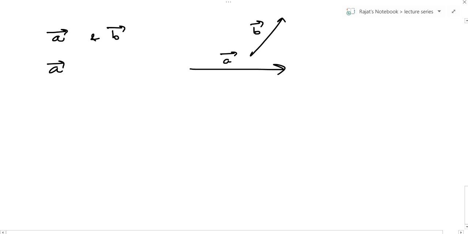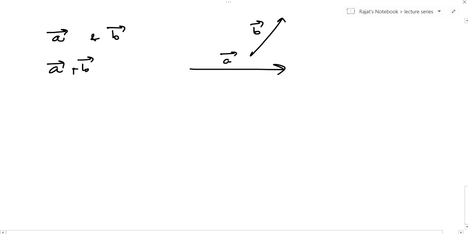Suppose I have a vector a and another vector b, and I ask you what is a plus b. What we do is we translate either a or b.